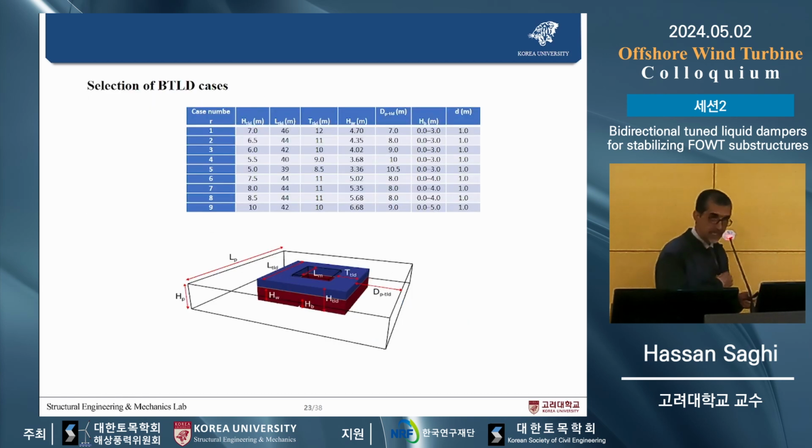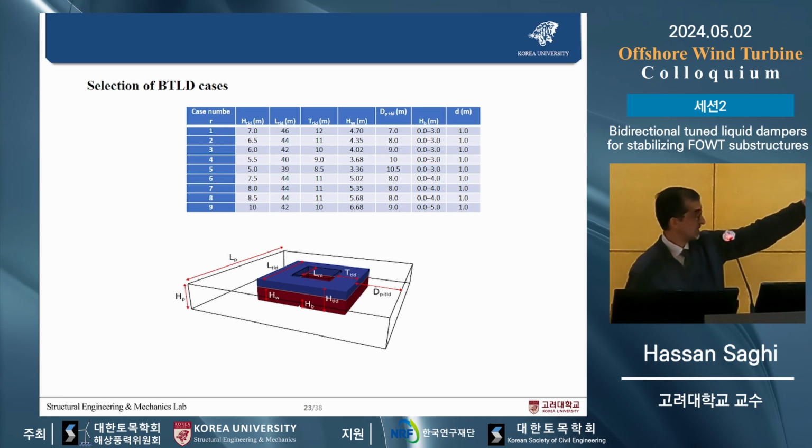Okay, as I said, we tried to find the optimal geometry of the BTLD, or bidirectional tuned liquid damper. As you know, we could model a huge number of BTLCD. So first we modeled a huge number, and we selected some cases.